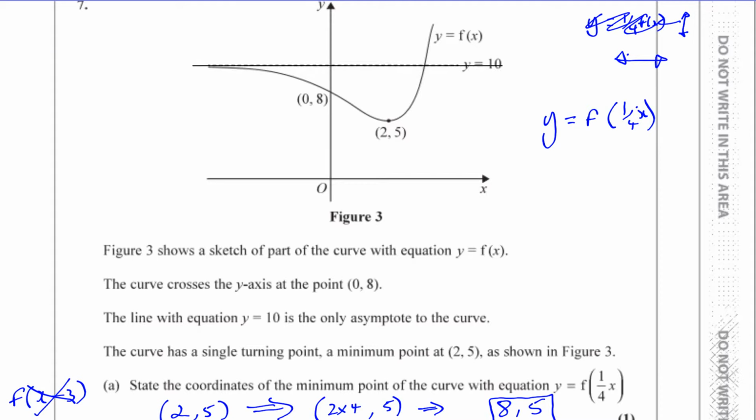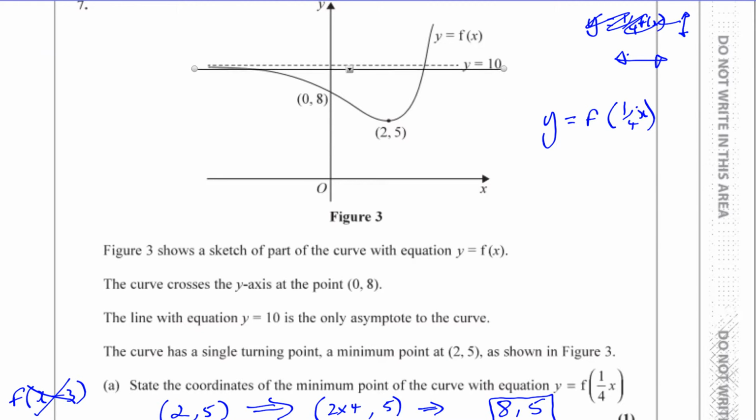So when y is less than 10, it'll meet it at two distinct points, and it'll continue meeting at two distinct points until we get to y equals 5. At y equals 5 exactly, it's going to meet it at one point, which is at the turning point. So when y is above 5, up to just below 10, there are two distinct points where the line y equals k and our curve intersect.